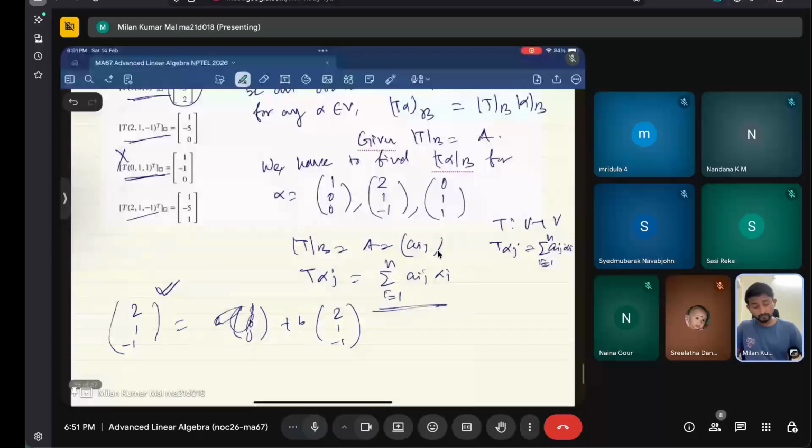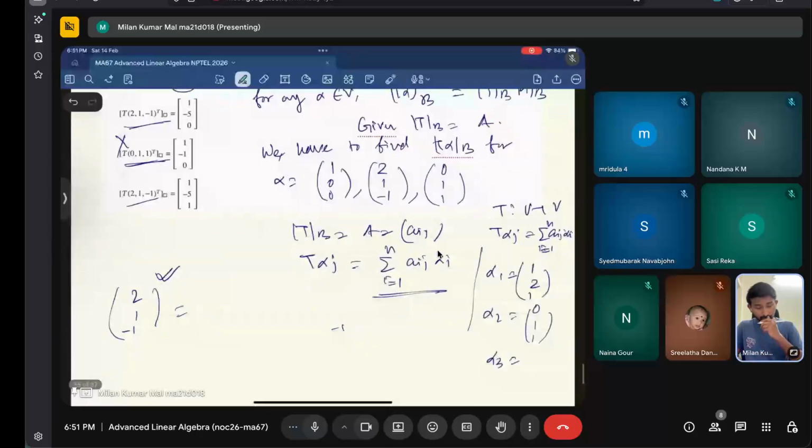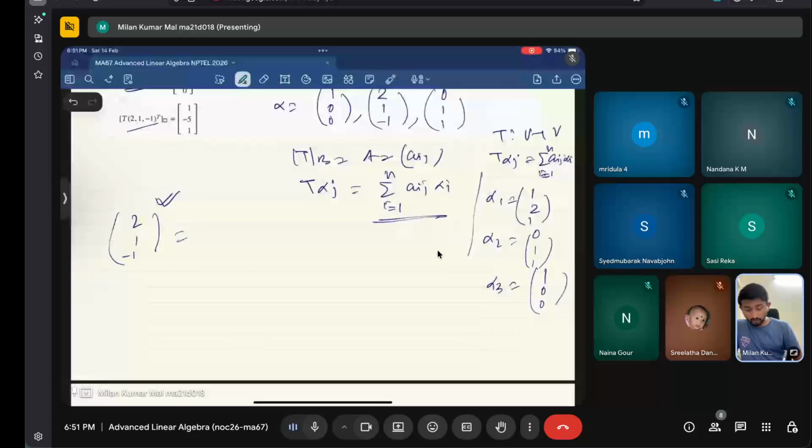Okay. So it will be A into alpha 1, that is 1 2 1, plus B into alpha 2, that is 0 1 1, plus C into alpha 3, 1 0 0.